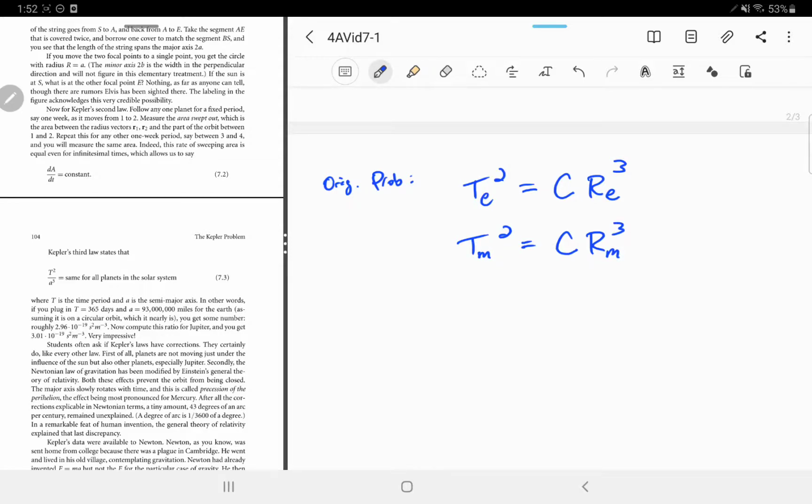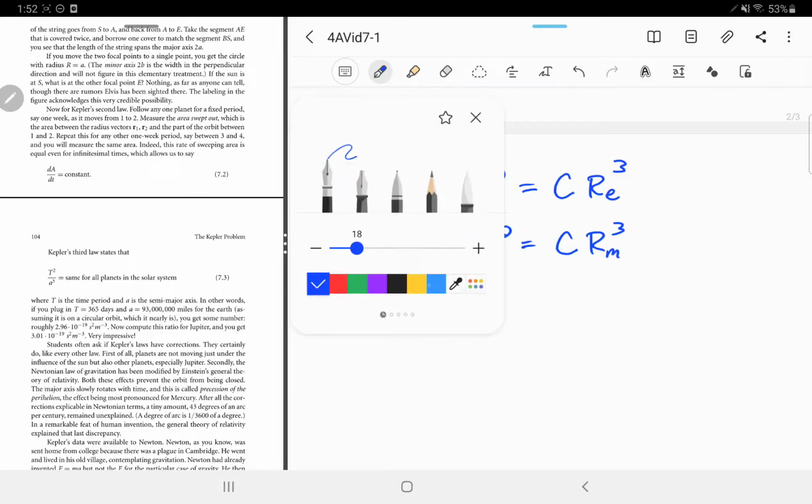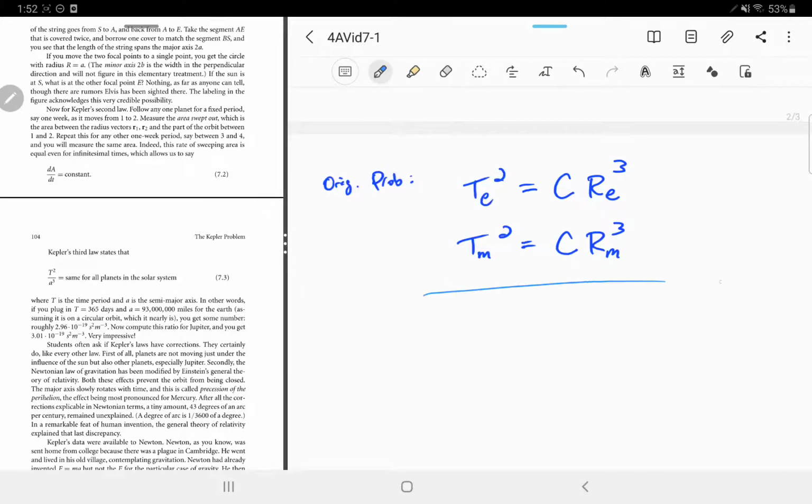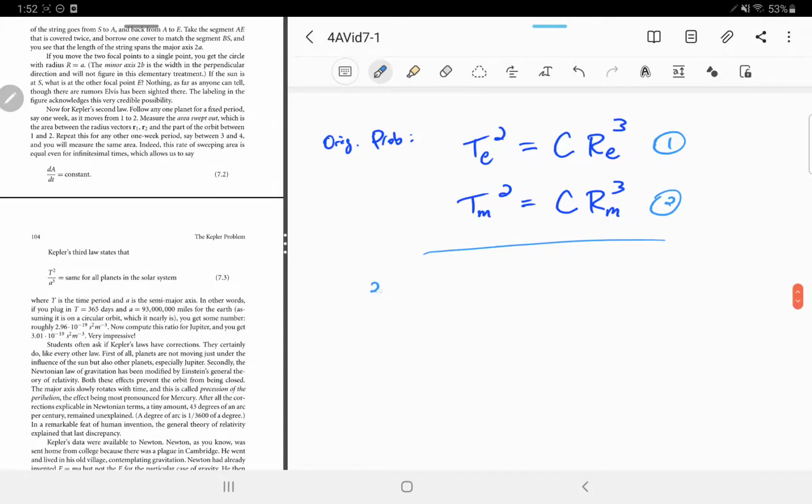Now we don't know what the constant is and we don't care about it. So I'm going to divide. I have equation 2 and equation 1, and I'm going to take equation 2 divided by equation 1.